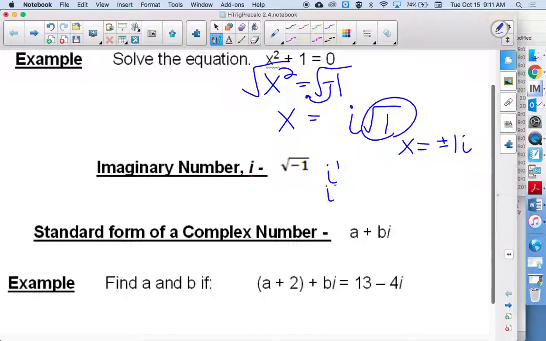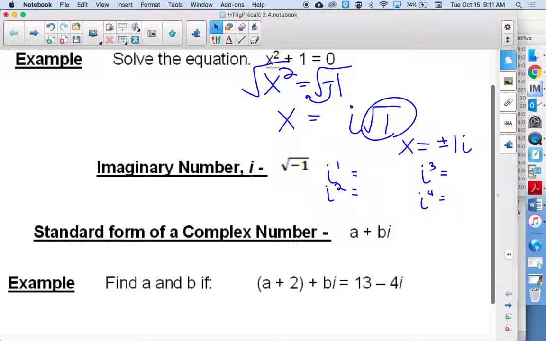And before we move on, just talking about a couple of powers of i. The first 4 powers of i are important powers. If you have i to the first, that's just i, because anything to the first is just the value itself. What is i squared?